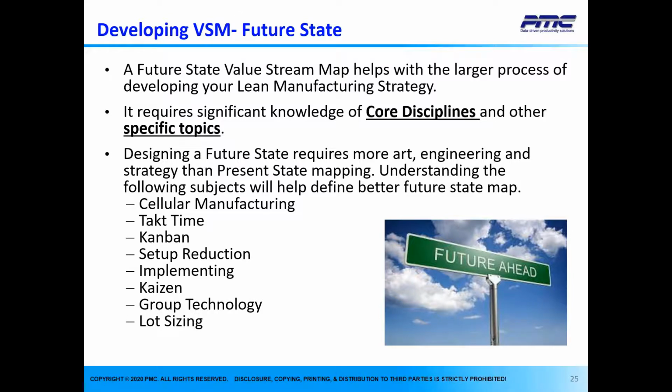As you can see, of course, these are not the full list of tools that we can use to make improvements or help define future state opportunities. But these are very key topics to know more about before you can come up with a better future state.